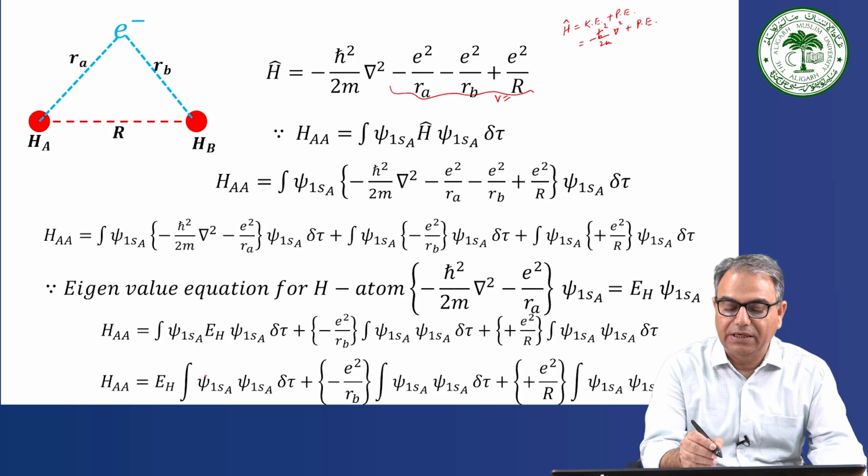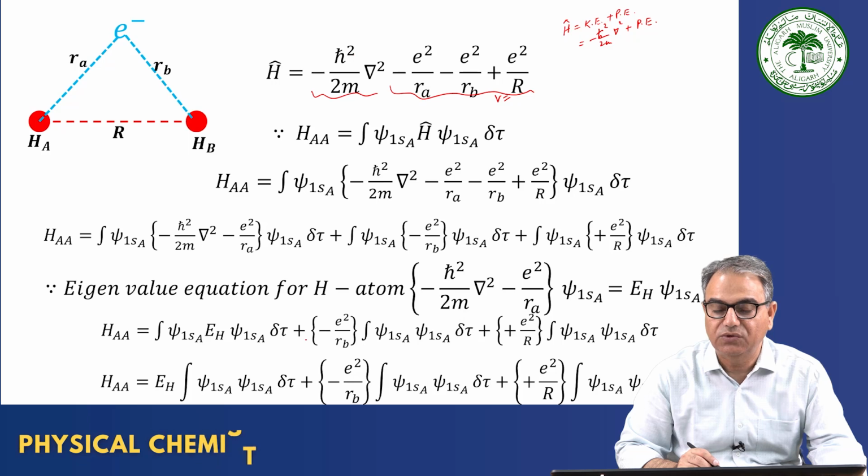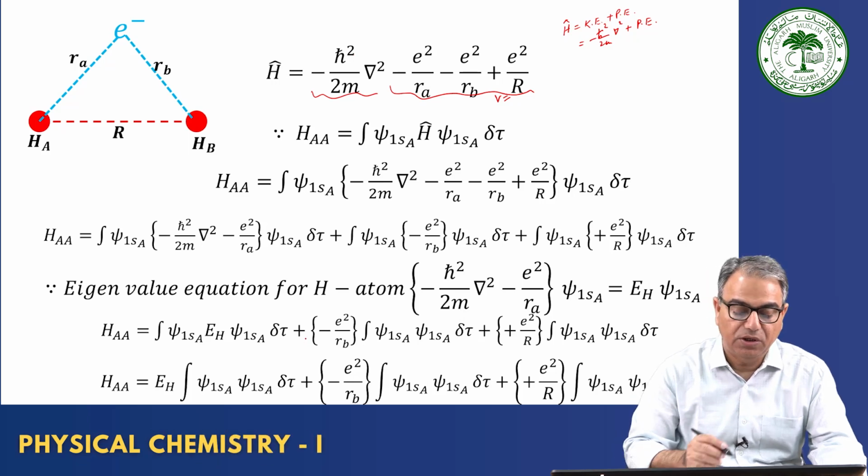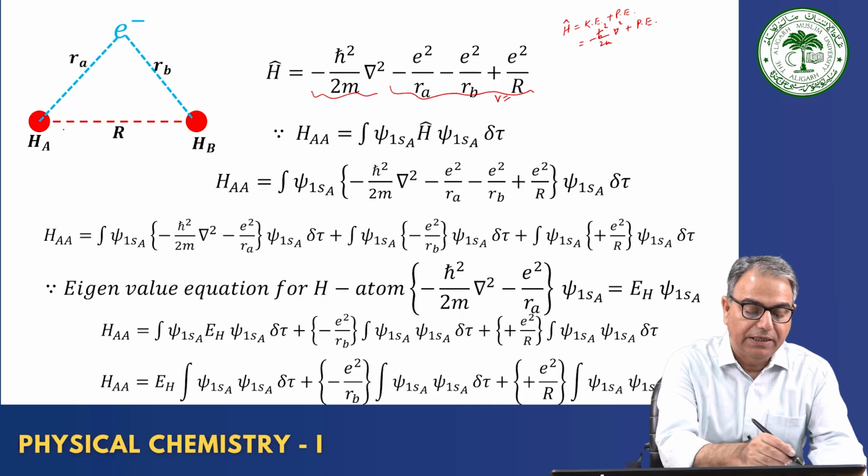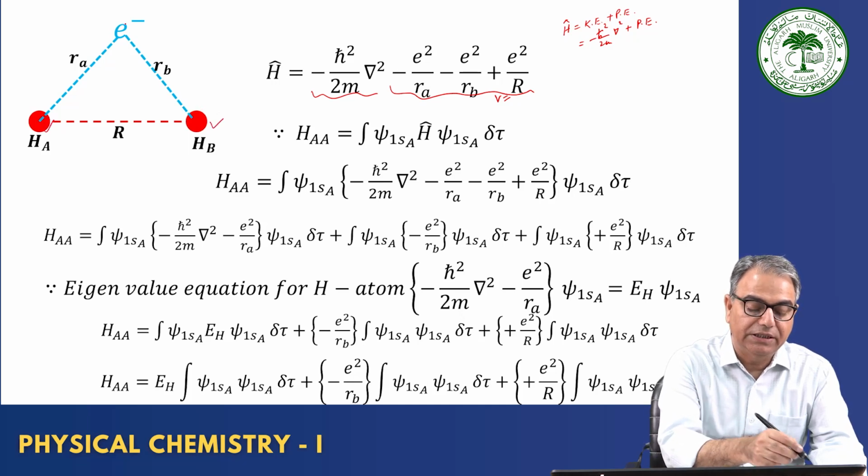Then in this particular thing, what I have written is the kinetic energy term as only minus h cross square divided by 2m del square. Actually, it should not be like that, because you have three different particles: HA nucleus, HB nucleus, and the electron.